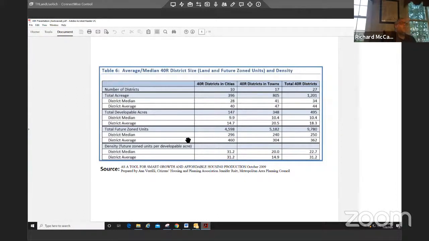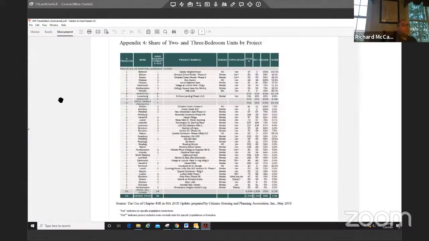It gives you an idea of the districts and the area associated with them. They do vary, and some of the ones that we're going to talk about a little bit later are very small, down to a half acre, which is another unique part about this program: you can essentially create a very small district that floats over the existing zoning, which is a very helpful tool for the town and other towns.